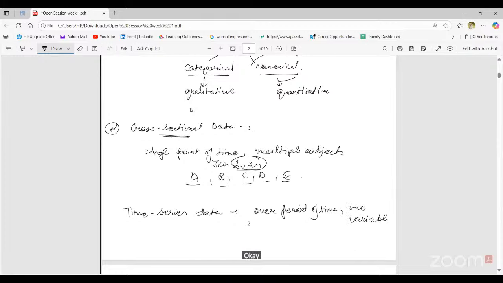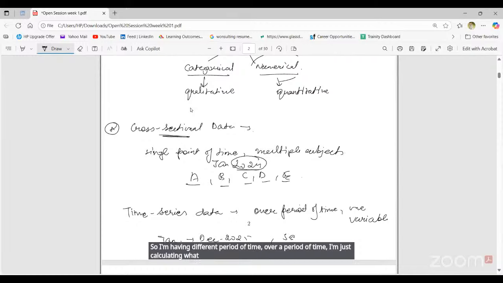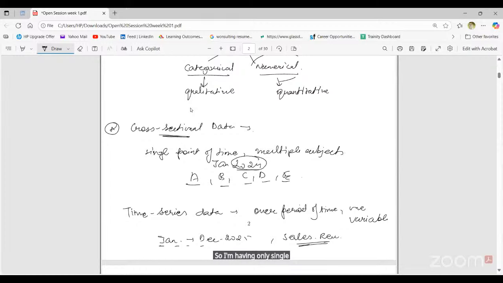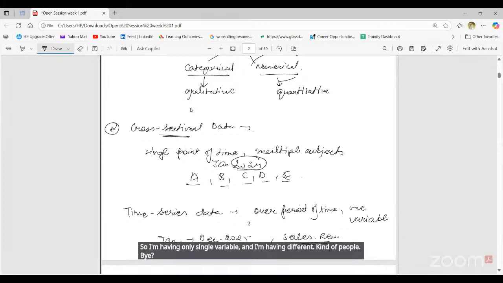Let's suppose I'm calculating the monthly sales revenue from January to December of 2025. Over a period of time, I'm just calculating the monthly sales revenue. So I'm having only a single variable and different time periods. That's the difference.